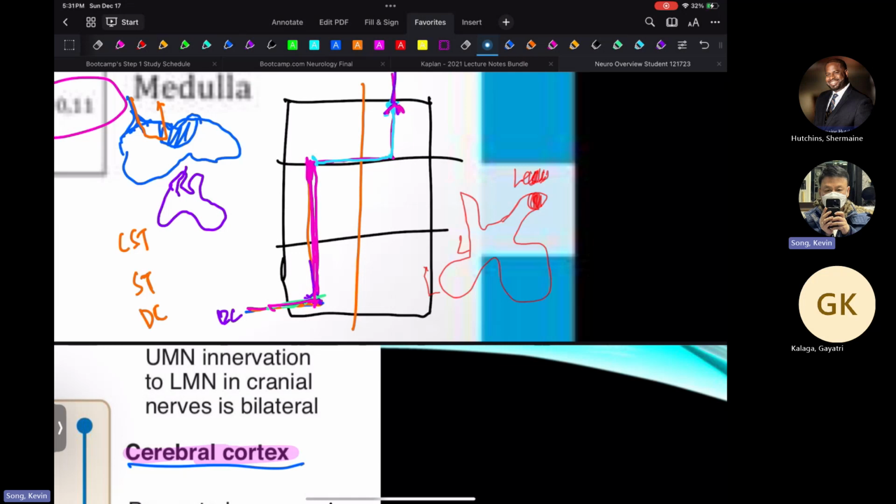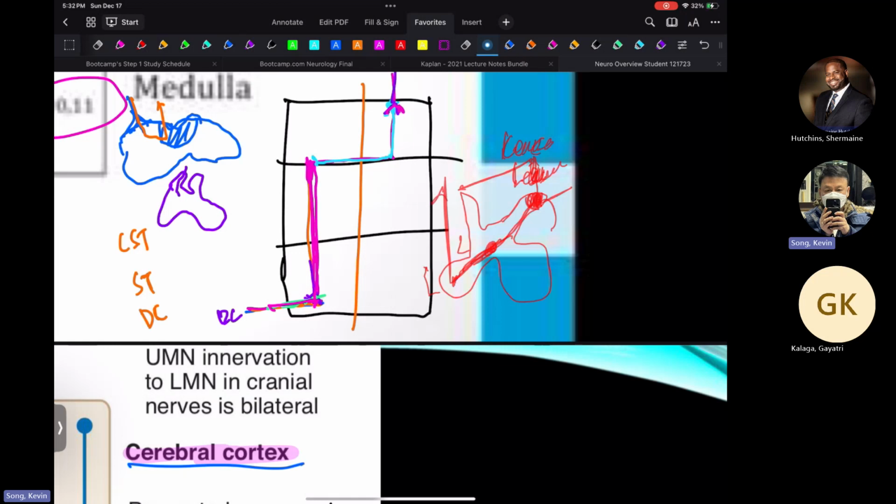I don't even remember how to pronounce it. From there it goes up one or two levels, and then crosses the midline through the white commissure, and then goes up.